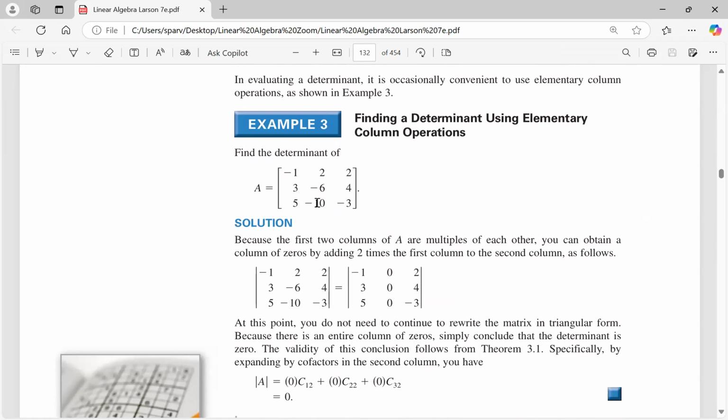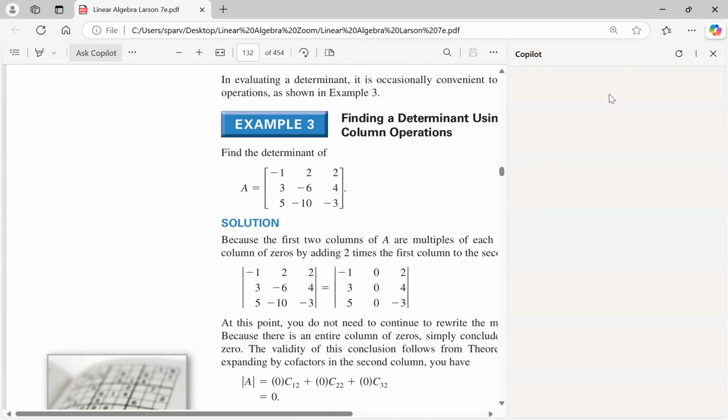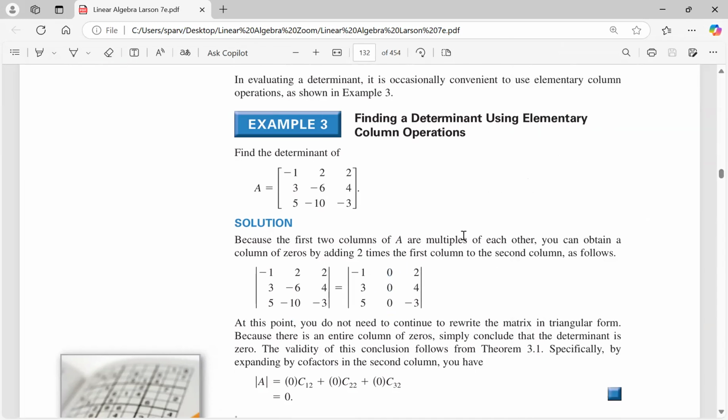Okay. So in this example, here's matrix A. And what does he do? He says, well, so this is negative 1, 3, 5, negative 1, 3, 5. He's trying to get a column of zeros here. You see that? So how's he going to do that? To get a column of zeros, let's see, the first 2 columns. These 2 columns are multiples of each other, right?